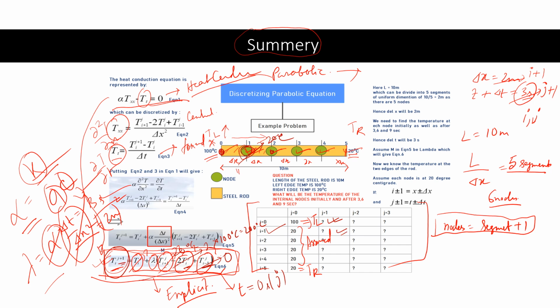In this way you can find i equal to 1, i equal to 2, i equal to 3, i equal to 4, for the first time increment. Then you find the second time increment and then the third time increment. After finding all these things, remember this part is assumed. This is not the real part.